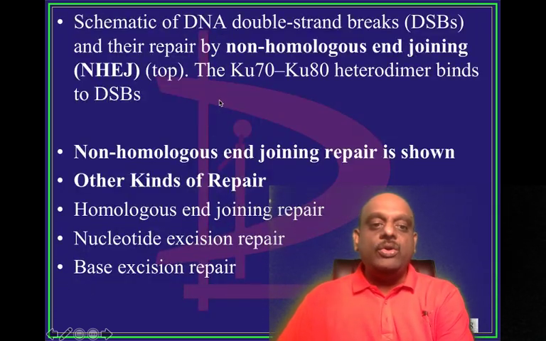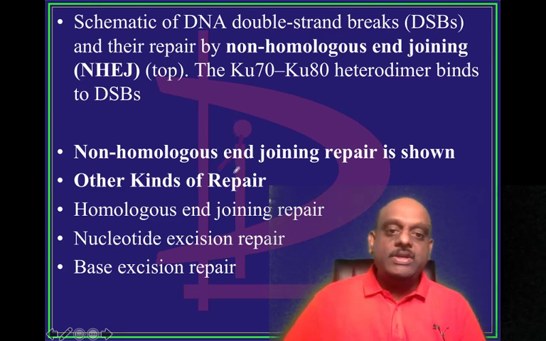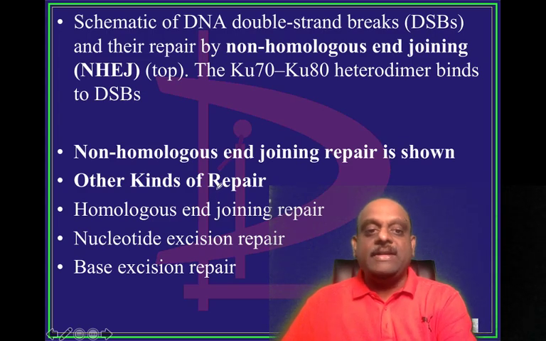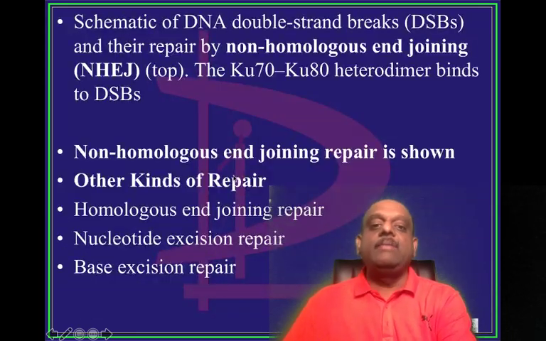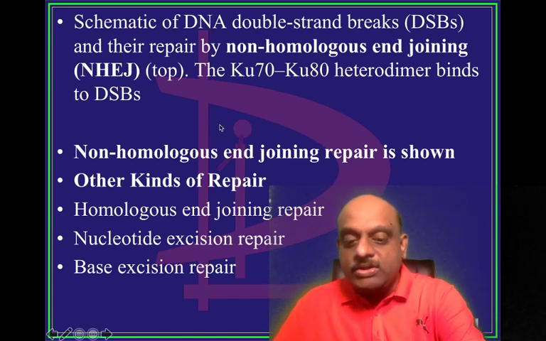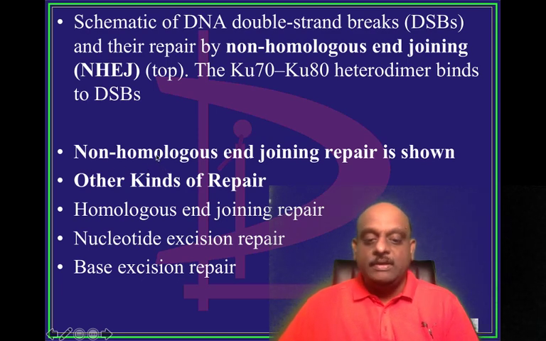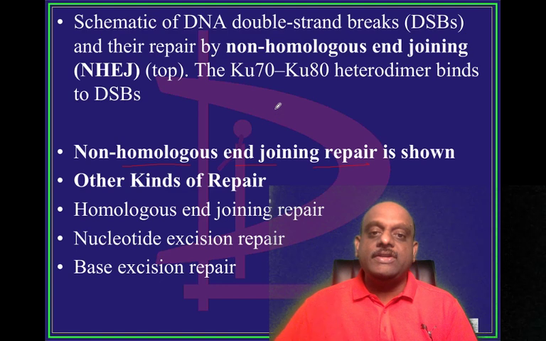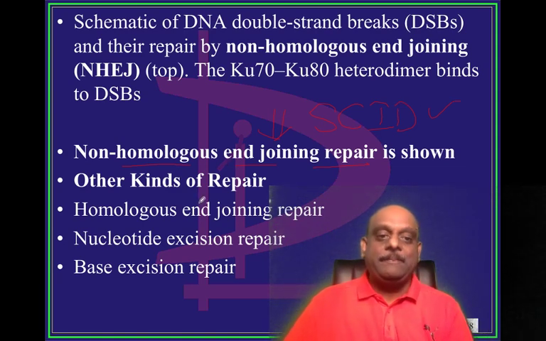And non-homologous end joining type of repair is the one which is having a defect in case of severe combined immunodeficiency. It is fundamentally because of non-homologous end joining repair mechanism problem that severe combined immune deficiency disorder will come. That's what you need to basically remember.